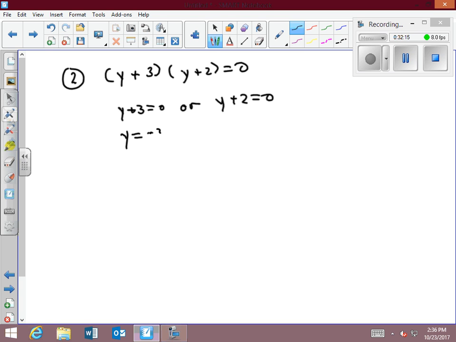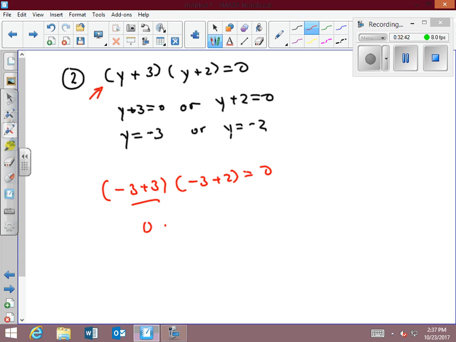That says y equals minus 3, or y equals minus 2. Now in that case, if you put either one of those two into that original problem, if you put minus 3 in there, this would be minus 3 plus 3, and then minus 3 plus 2. Notice this one is 0, this number is minus 1, and 0 times minus 1 is 0, so it makes it a true statement.